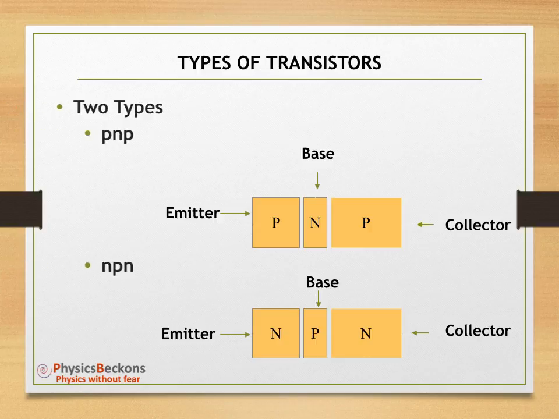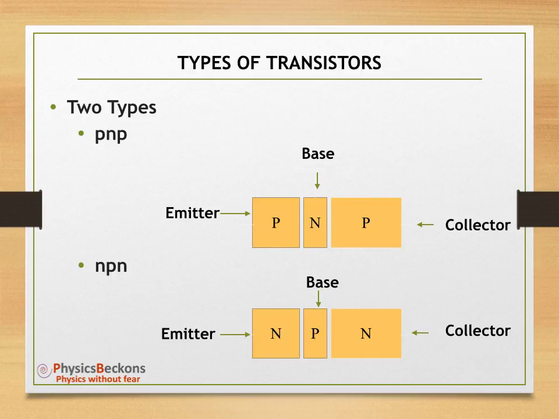There are two types of transistors, PNP transistor and NPN transistor, and as you can see, the PNP transistor has a thin N region sandwiched between two P regions, and an NPN transistor has a thin P region between two N-type regions.